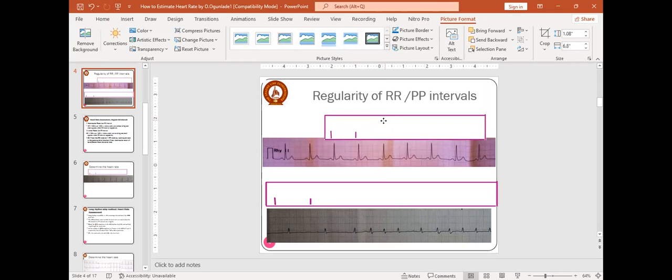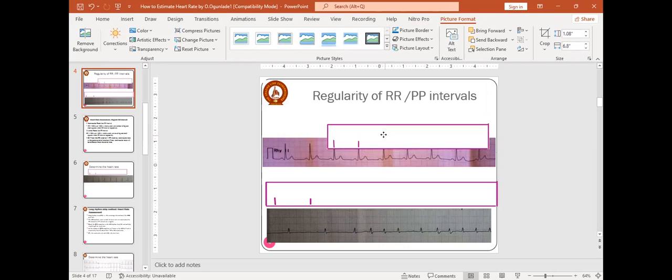Slide the card, and it tallies with these peaks.